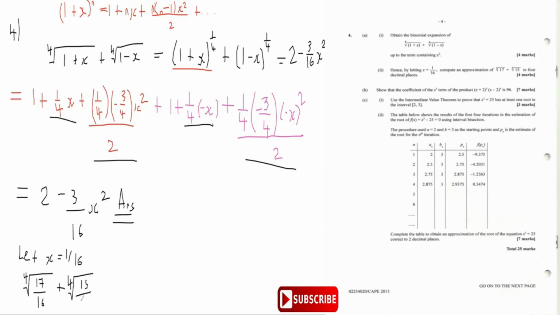And then this is going to be equal to, put in x as 1 over 16 here. So you get 2 minus 3 over 16 times 1 over 16 squared.